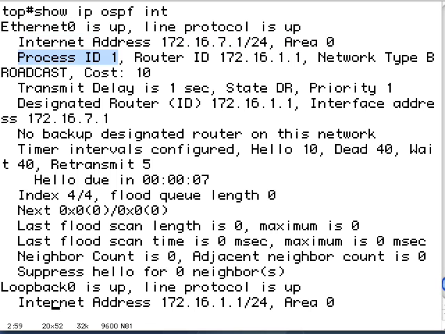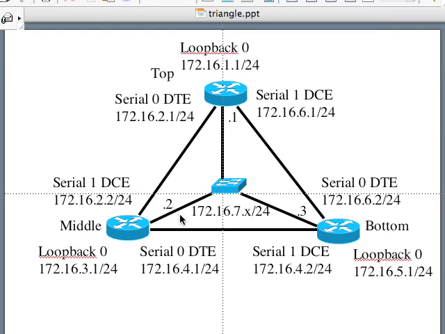The process ID of the OSPF process is 1. The router ID is the loopback. Network type is broadcast. Ethernet is a broadcast network, meaning that you can have multiple routers, 3, 4, 5, 6, 7, connected to that Ethernet network. In fact, here we have 3 routers that are connected to this network.